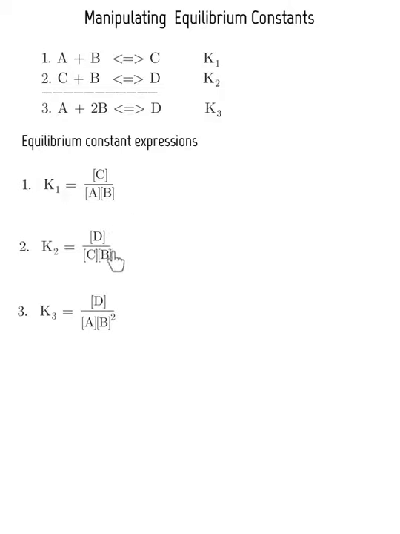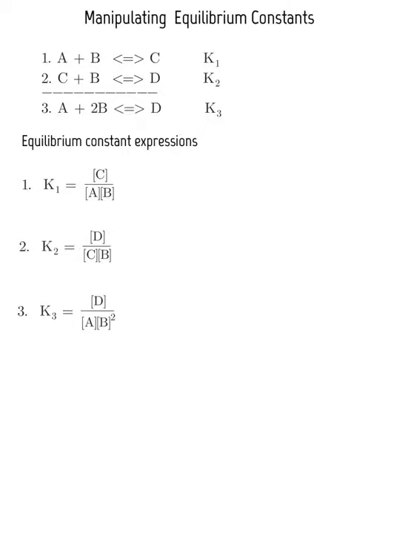And for reaction 1 and reaction 2, all our coefficients are 1, so we have 1 coefficient for the reactants as well as the products. Now if you look at reaction 3, we've got 2 molecules of reactant B, and so we're going to raise it to the power 2. I hope you are able to generate these equilibrium constant expressions.